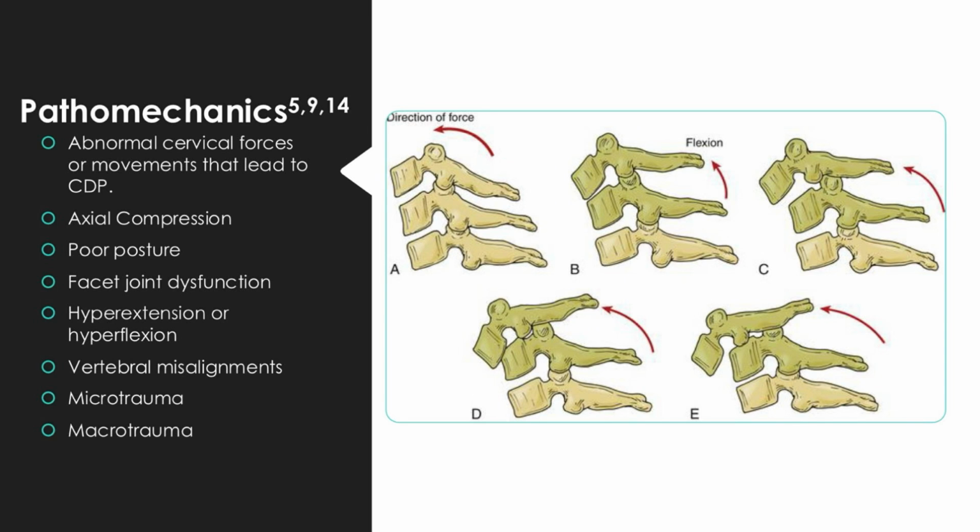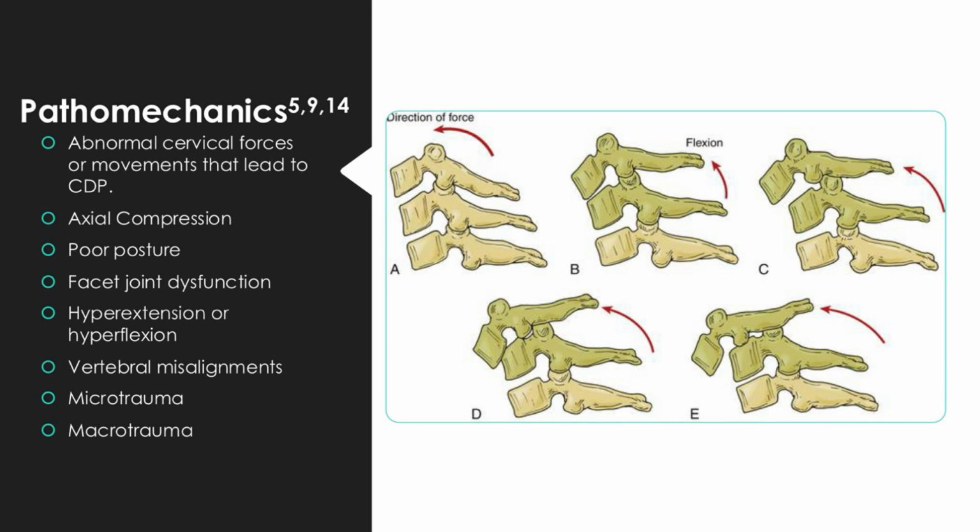Then we have facet joint dysfunction, which refers to problems in the gliding and ligament movement between your vertebrae. Several factors may contribute to facet joint dysfunction, such as aging. As we get older, the cartilage that lines the facet joint may wear down, which may lead to degeneration of the cartilage and cause those bones to eventually rub together.